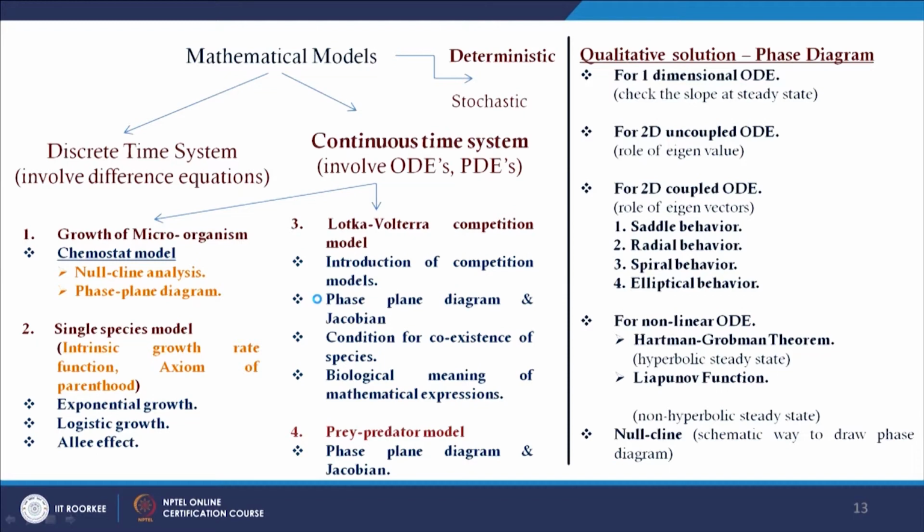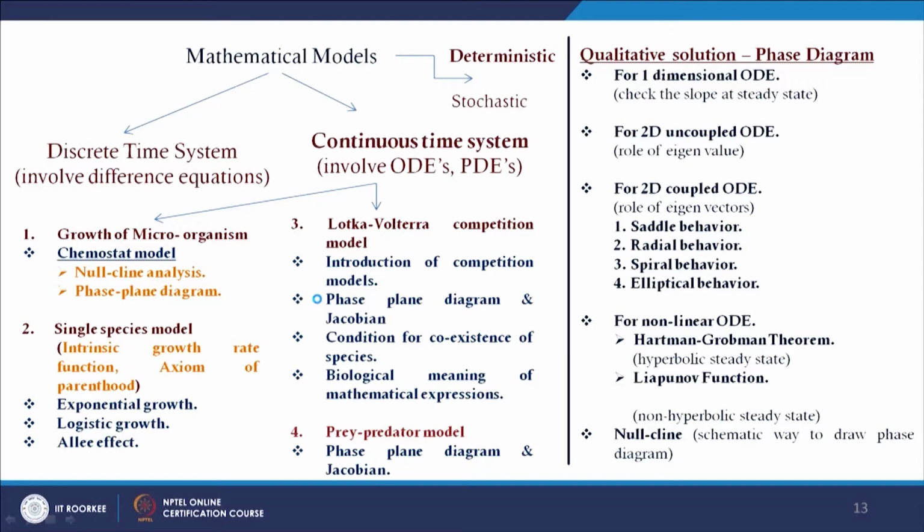Then the condition of coexistence of species, and in each of these coexistence or competition models, we try to visualize these mathematical phrases, diagrams and analysis through biological meaning, and we try to establish the relationship of these mathematical expressions with biological scenarios. And in the last part, we discussed the phase plane diagram and Jacobian for prey predator models.